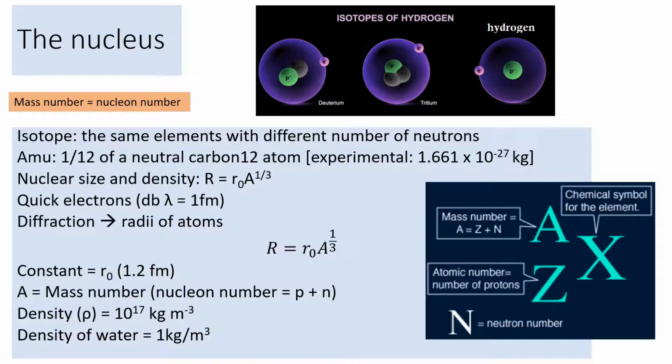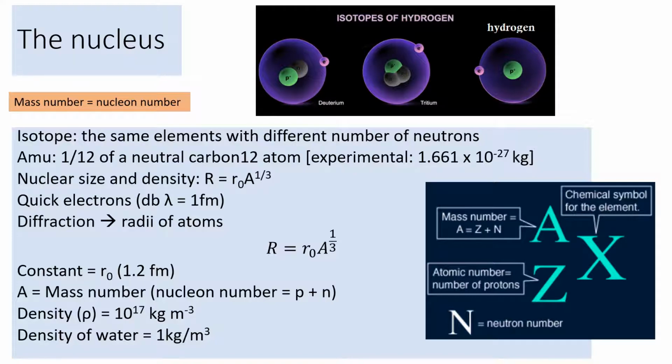Now, electrons have a de Broglie wavelength of about 1 femtometer. There is evidence that electrons can travel as waves from diffraction, and because of this diffraction, we can work out the radii of nuclei.